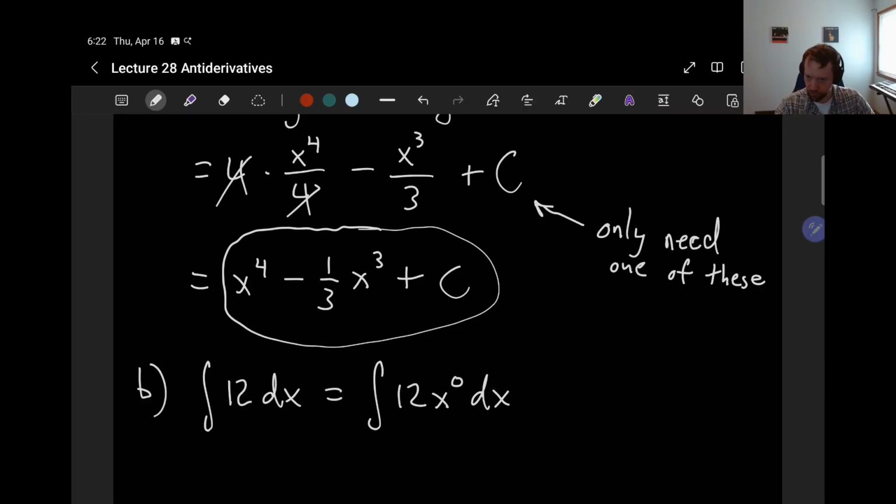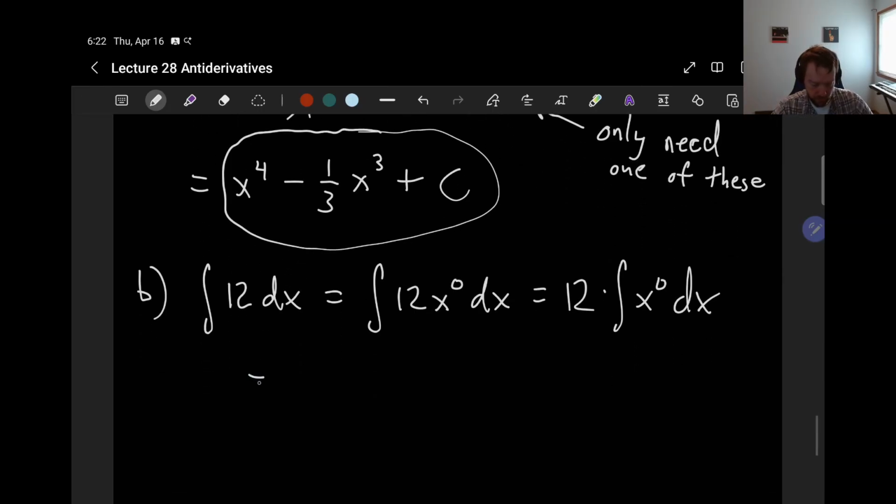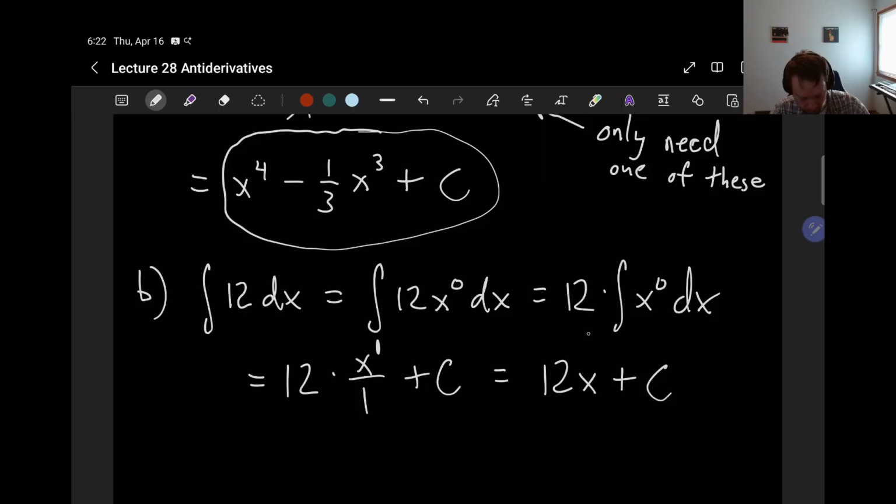And then we can perform power rule on that part. Might want to bring the 12 out first. And then we can perform power rule on that x to the 0. So I add 1 to the exponent, divide by that new exponent, plus c. So just 12x plus c.